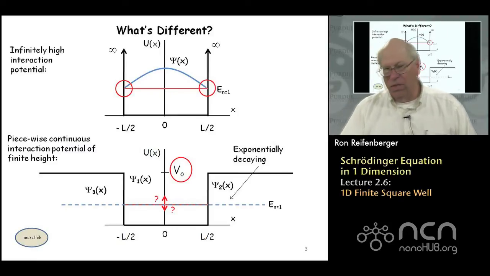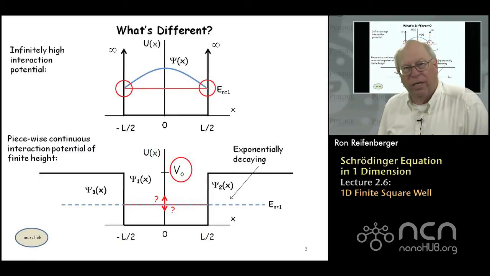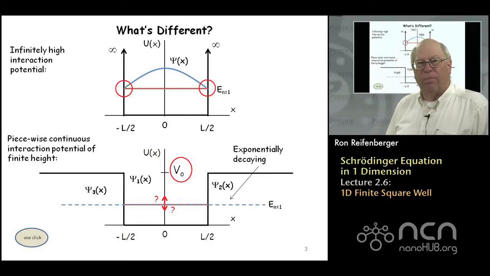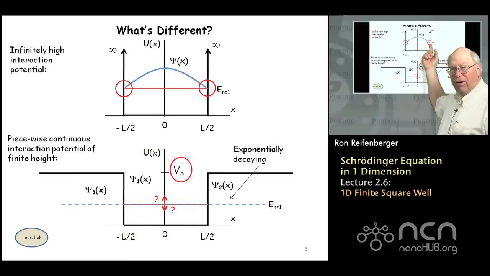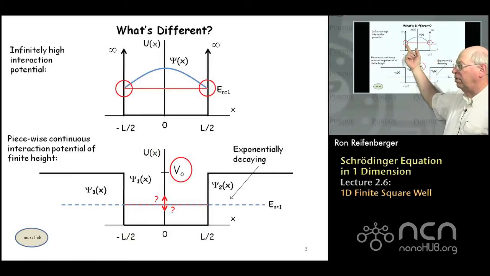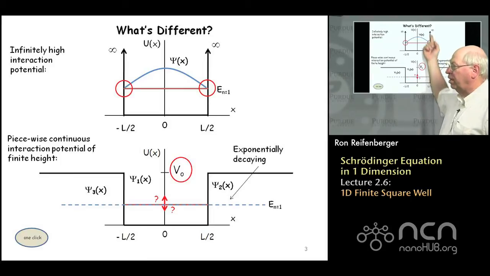So what's the big difference between this discussion and the one in the previous lecture? The big difference is really the boundary conditions on the wave functions. If you recall in the previous lecture, the boundary conditions were such that the wave function had to be equal to 0 at the boundaries of the well. And that was simply because the well was infinitely high.